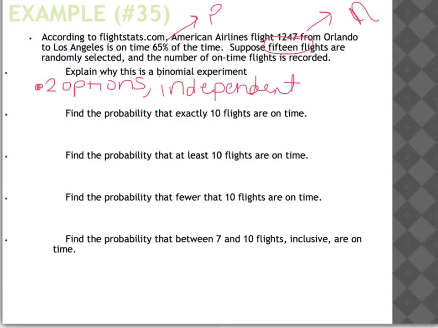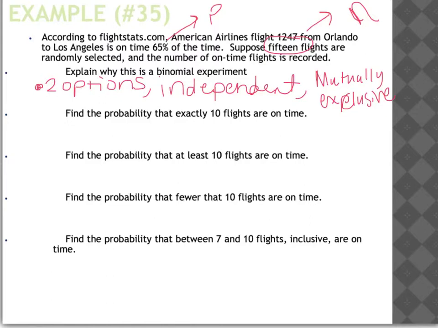They had to be independent. The one flight does not affect another flight. They're completely independent. And then the other requirement is that they're mutually exclusive, meaning that they don't have any relationship to one another. The probability stays the same every time. It's always 65% no matter what.